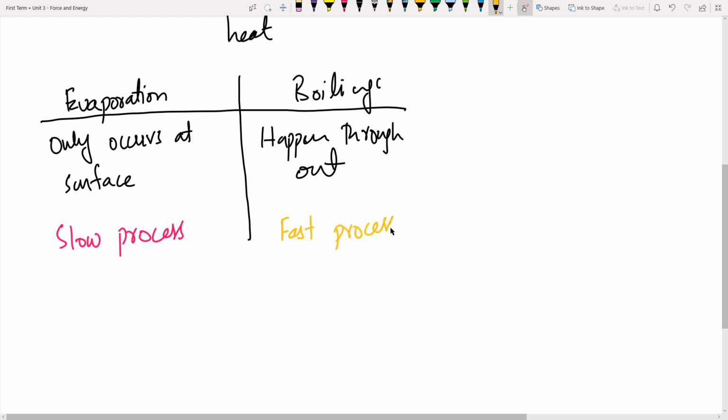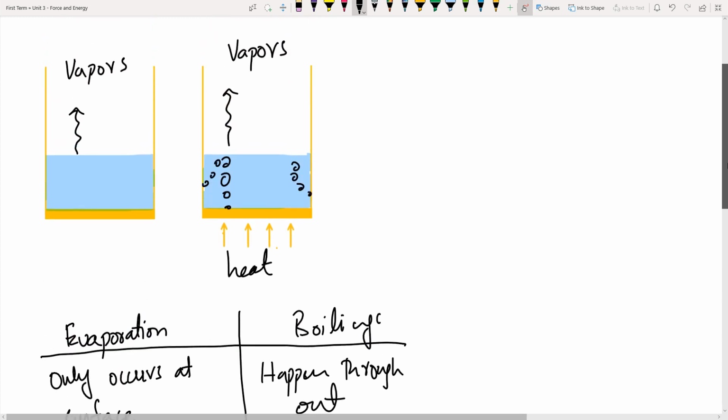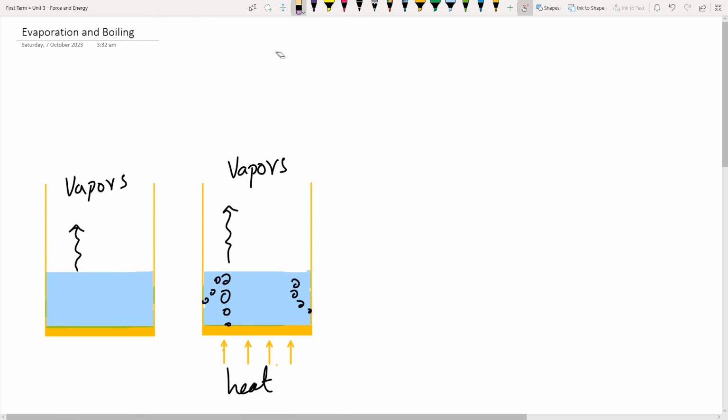If you start boiling a liquid, you won't be able to see liquid after a little while because all of the liquid will be converted into vapors at higher temperature compared to evaporation, in which some of the layer is going to move out. So once it starts vaporizing, after evaporation you're going to find that some of this liquid is going to be lost, right?